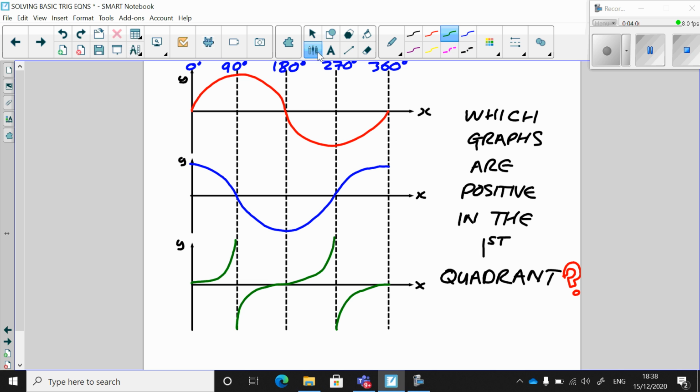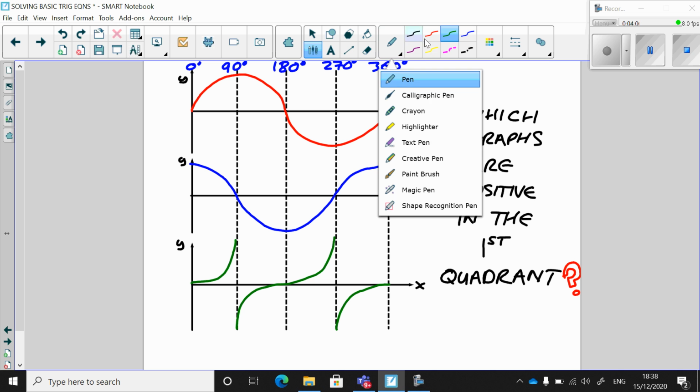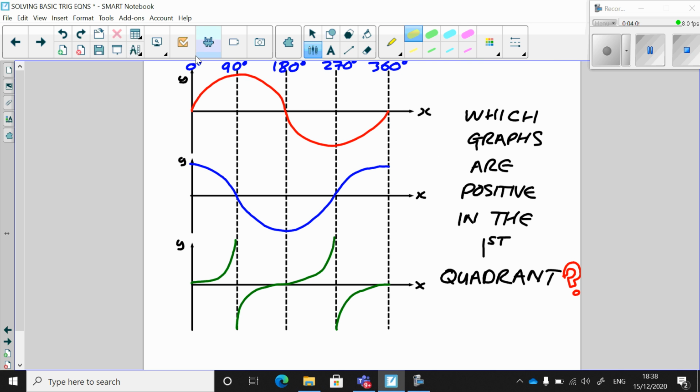What do they mean by positive in the first quadrant? Well, let's highlight the first quadrant again. There's my first quadrant. What they mean by positive is which portions of the graphs are above the x-axis. Here, that part of the graph is above.